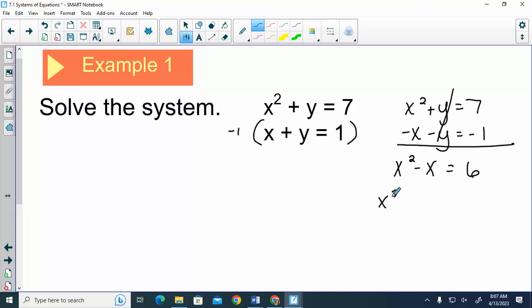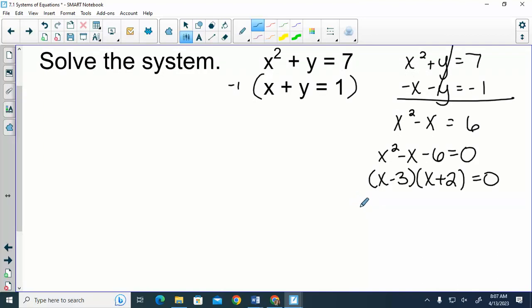So if we subtract over the 6, so we get x to equal 3 or negative 2. Okay, so I'm getting 2 ordered pairs.